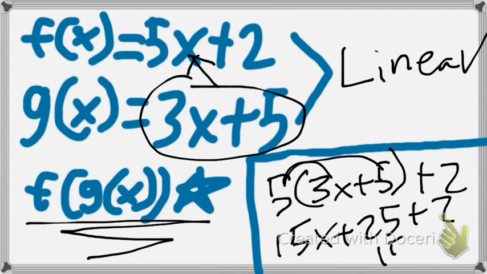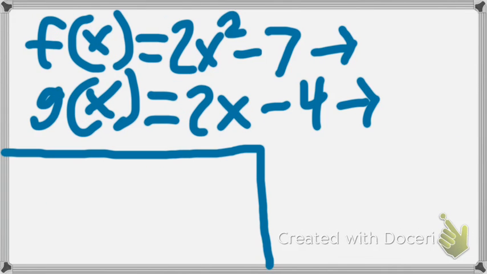So that's 15x plus 27. I know on my screen the little finger is blocking everything, but it should be fine. You get the gist. 15x plus 27.